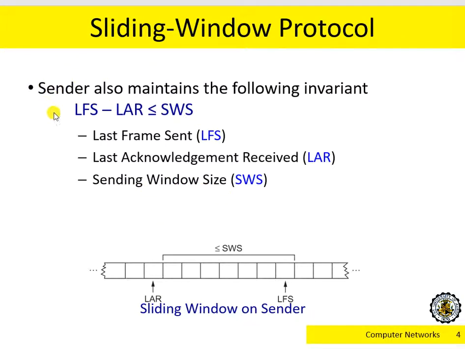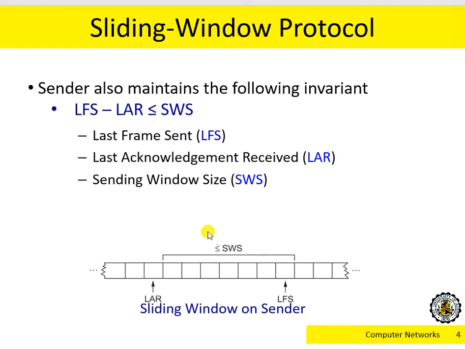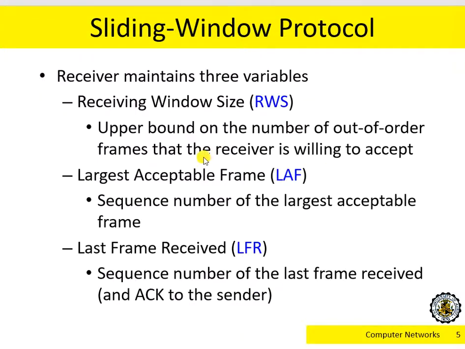So therefore, we get this inequality: LFS minus LAR is less than or equal to SWS. Basically, the number of frames here is supposed to be less than or equal to the capacity of the window. So that is overall what this means.